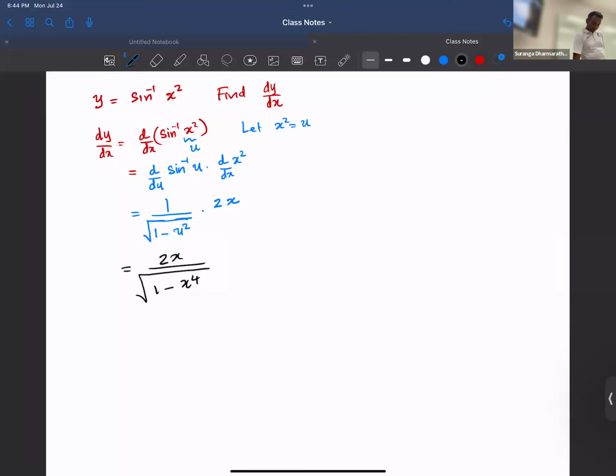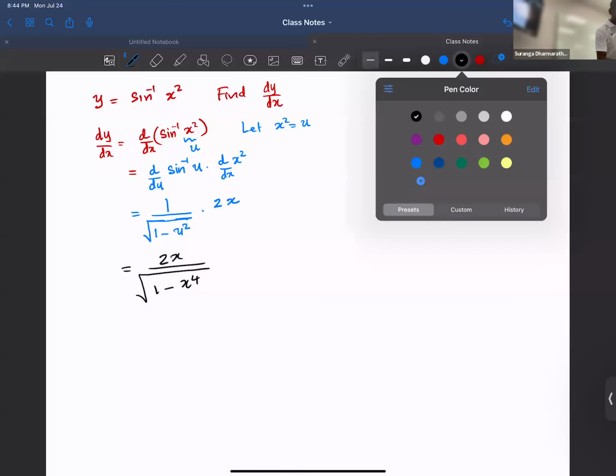You can do cos inverse x squared, the same thing. Let's find some problems: 40, 38, 43. This is a good one.